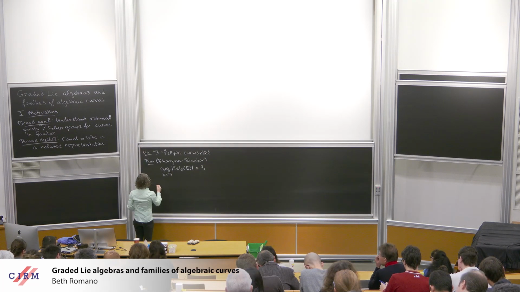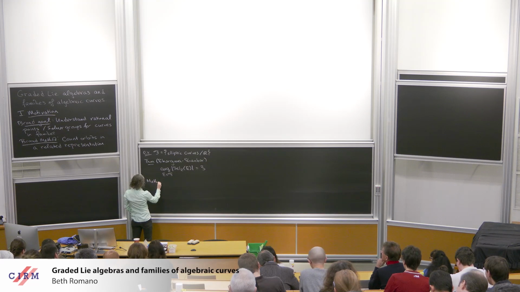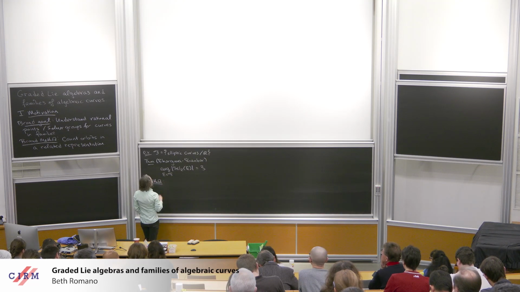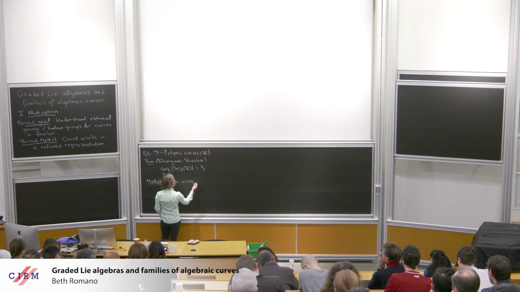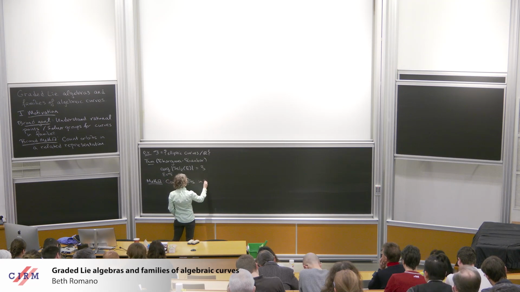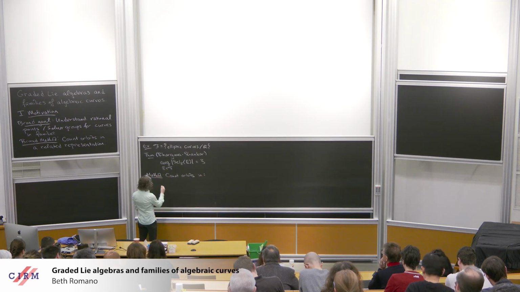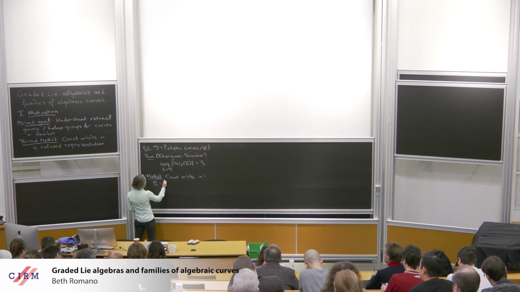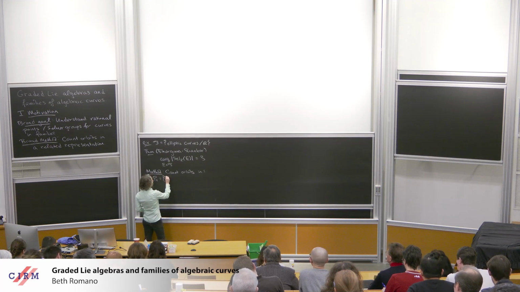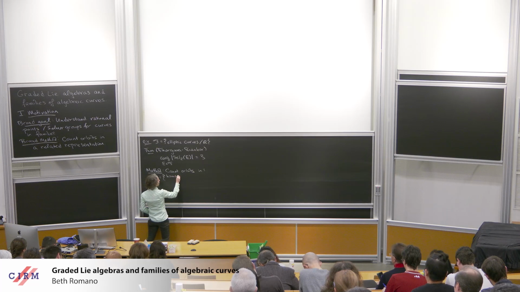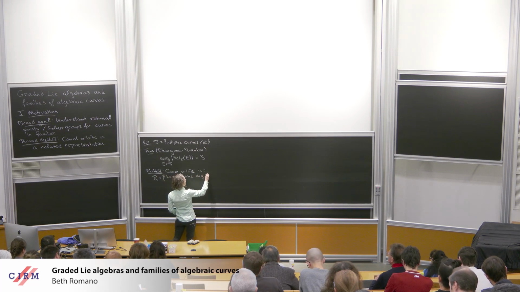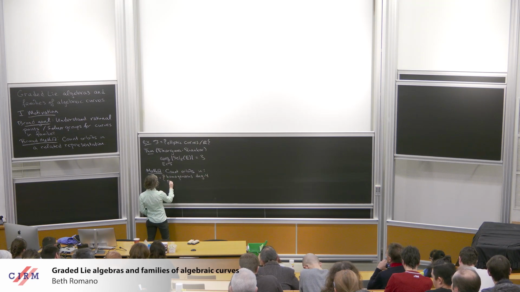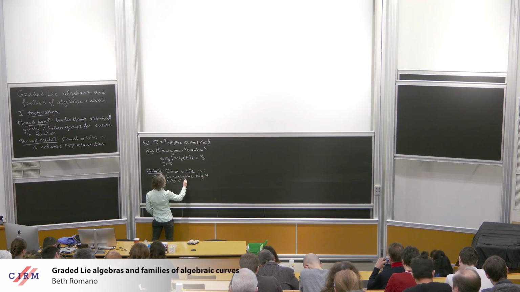And their method of proof was to count orbits in the following representation. We'll let P4 be the space of homogeneous degree 4 polynomials in two variables.